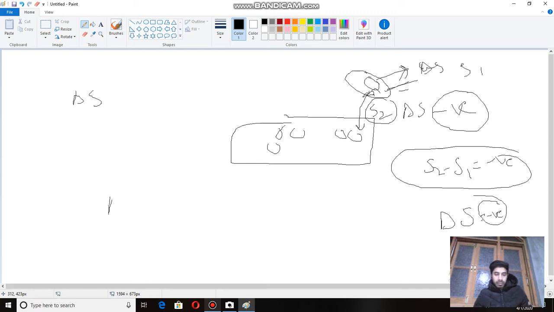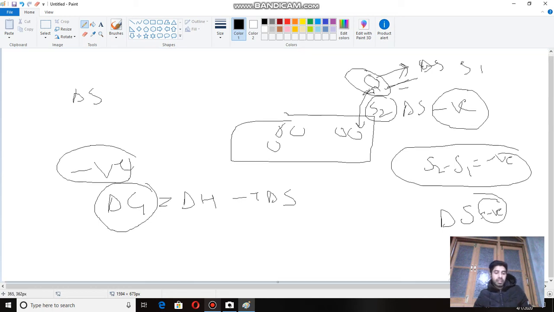Now the Gibbs-Helmholtz equation suggests that delta G is delta H minus T delta S. As we know, this delta G should be negative. So this delta H favors our situation. Delta H is negative because adsorption is an exothermic process.